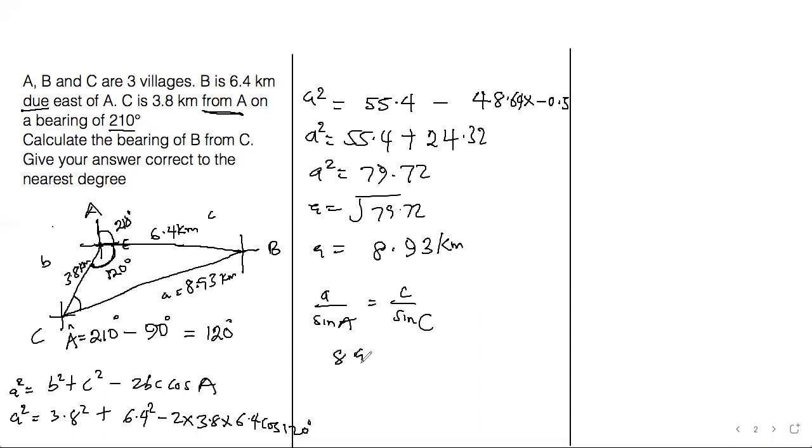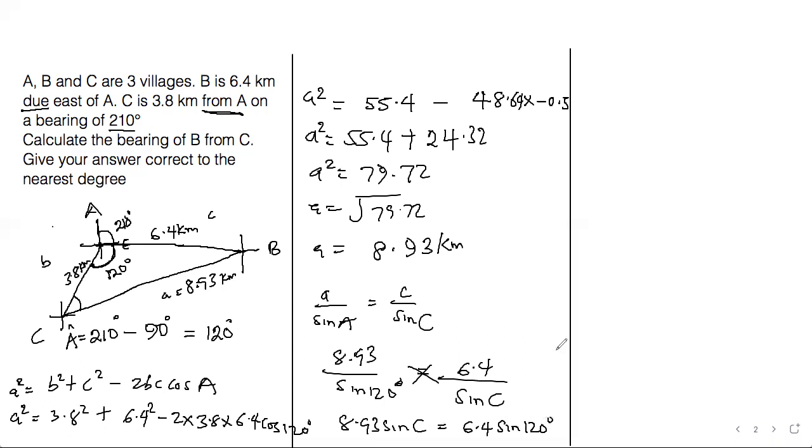So what's A? That's 8.93 over sine 120 degrees equals C as 6.4 over sine C I'm looking for. You cross multiply, you have 8.93 sine C equals 6.4 sine 120 degrees. So sine C will be 6.4 sine 120 degrees divided by 8.93.